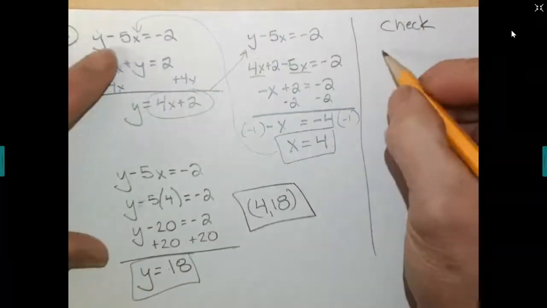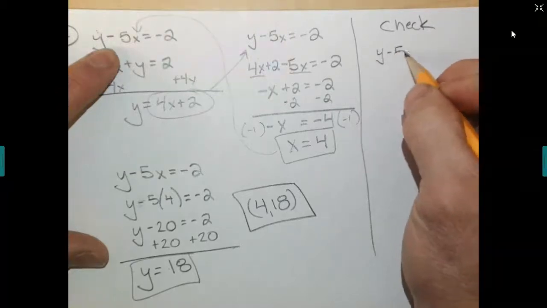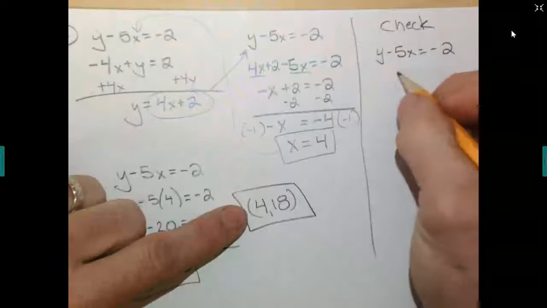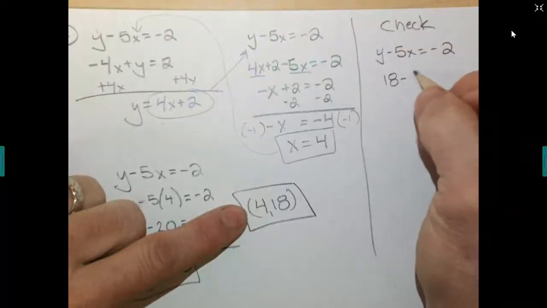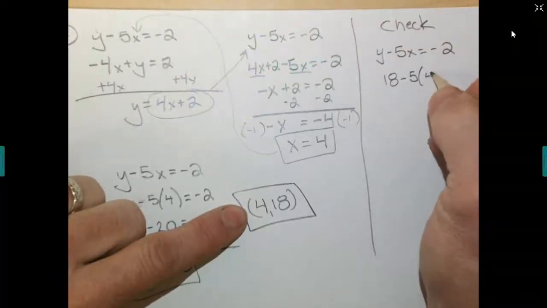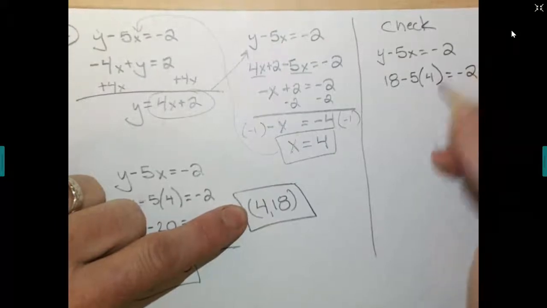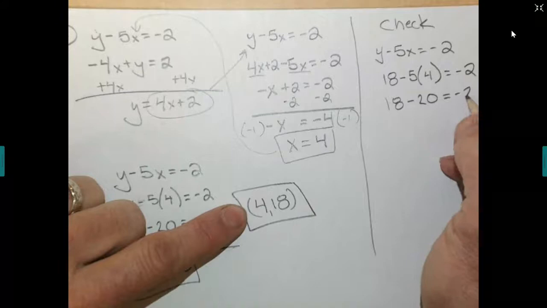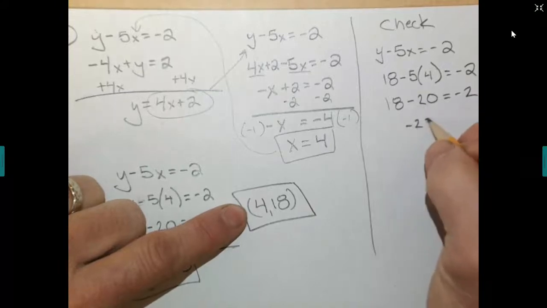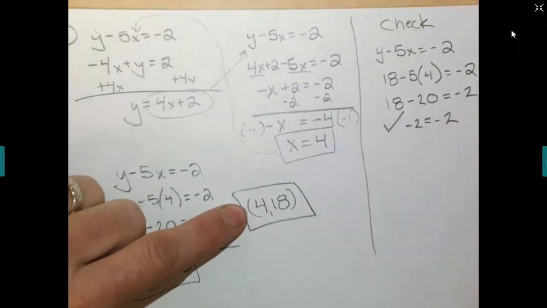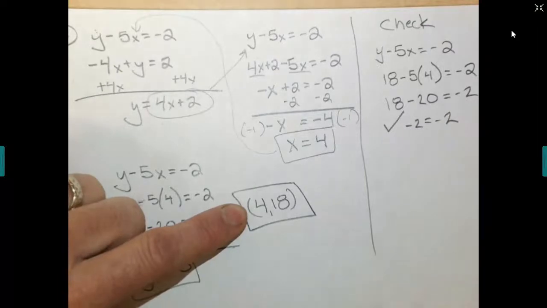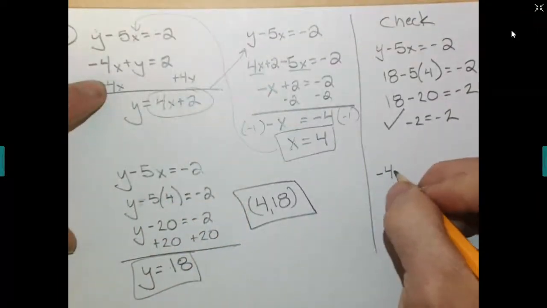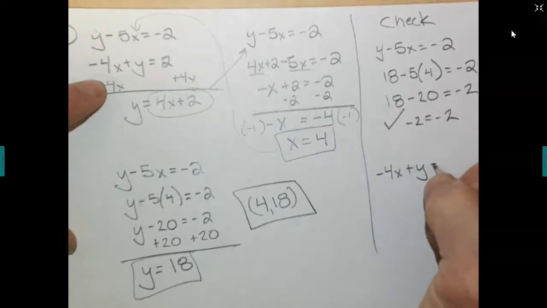So y minus 5x equals negative 2. So I have 18 minus 5 times 4 is negative 2. 18 minus 20 equals negative 2. Negative 2 equals negative 2. That checks out. Now for my second equation, negative 4x plus y equals 2.